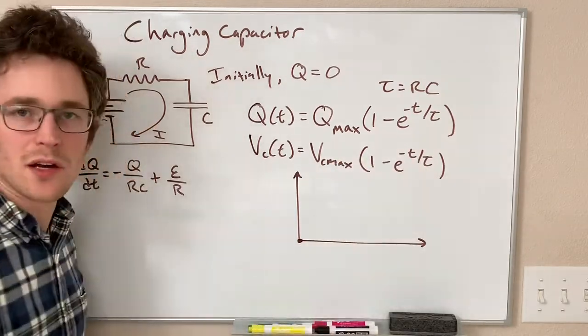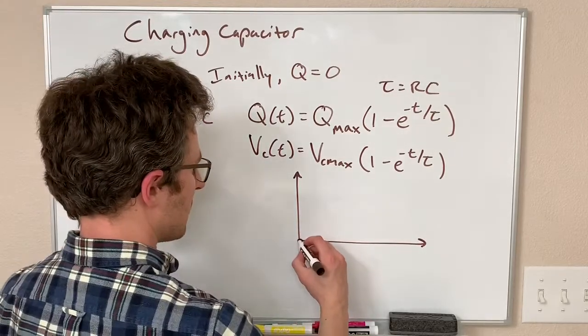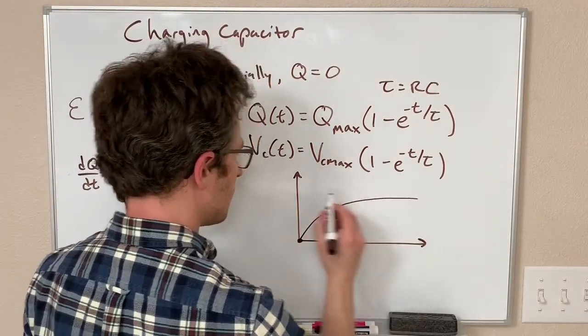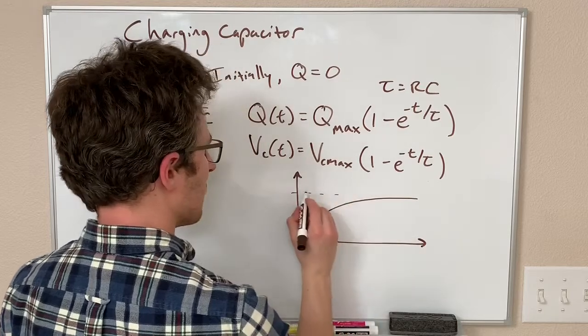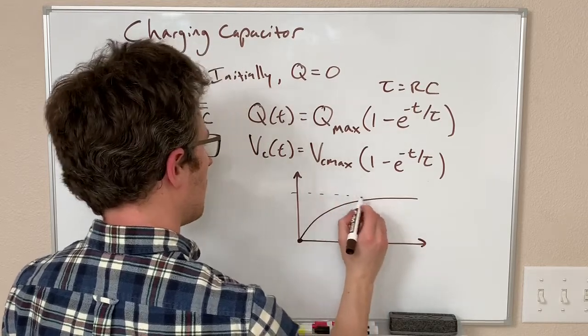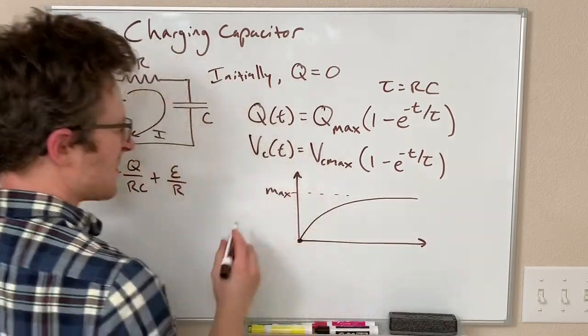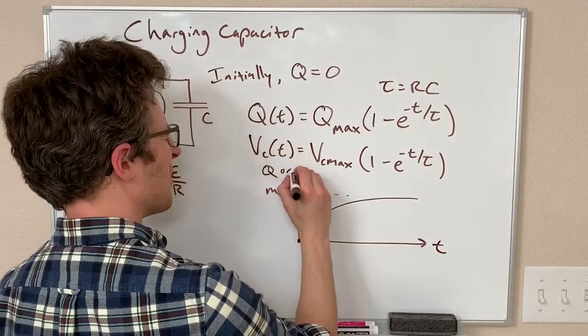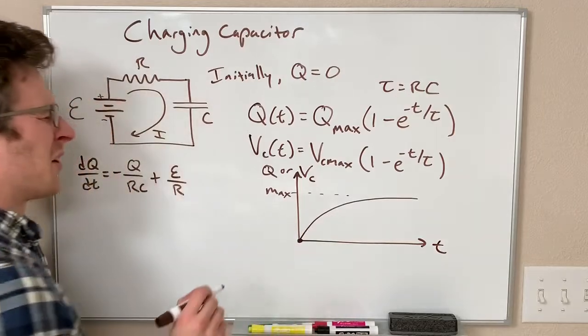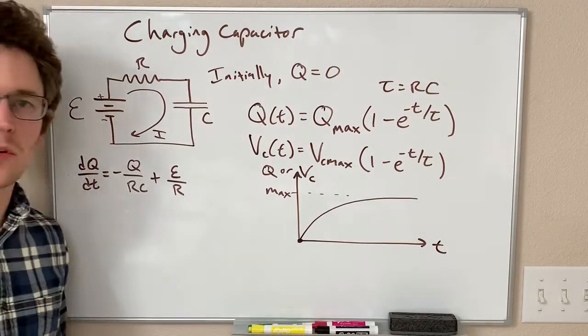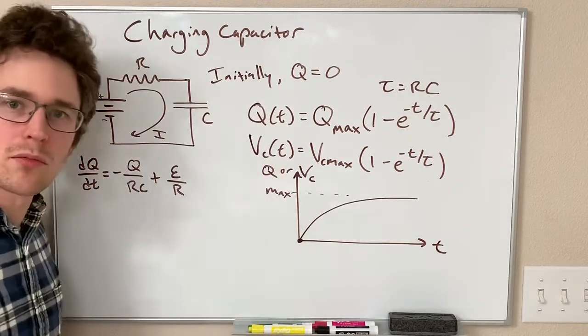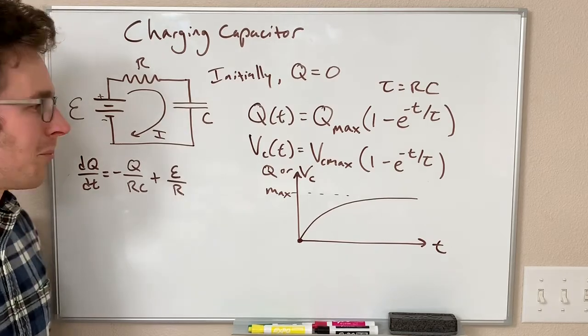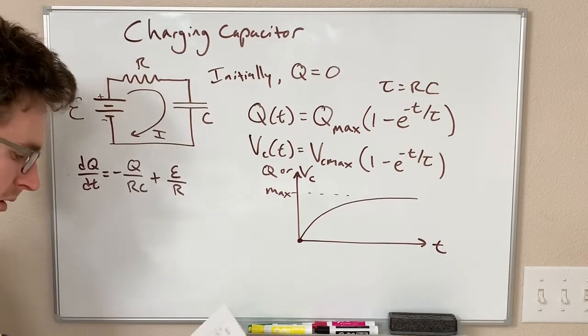We're going to asymptotically approach that. So our graph is going to look something like this, approaching this max value. This axis is time. This axis could be the charge or the capacitor voltage. Both of them are going to have a graph that looks like this because those equations have the same form, just differing by a multiplied constant.